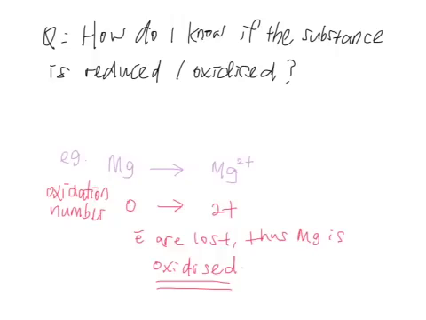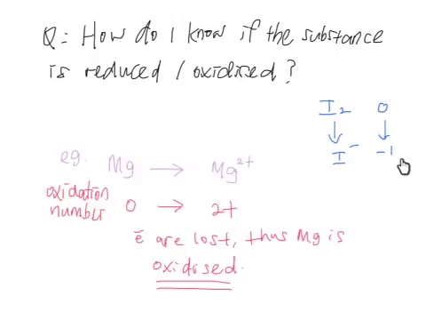So if there was a gain in electron, there will surely be a drop in the oxidation number. For example, in this case, when you have iodine to iodide ion, the oxidation number moves from 0 to -1. So this is a drop of oxidation number. So this shows you that iodine has been reduced.